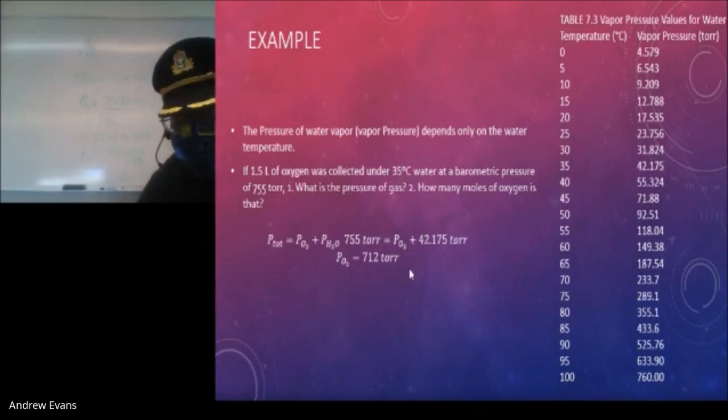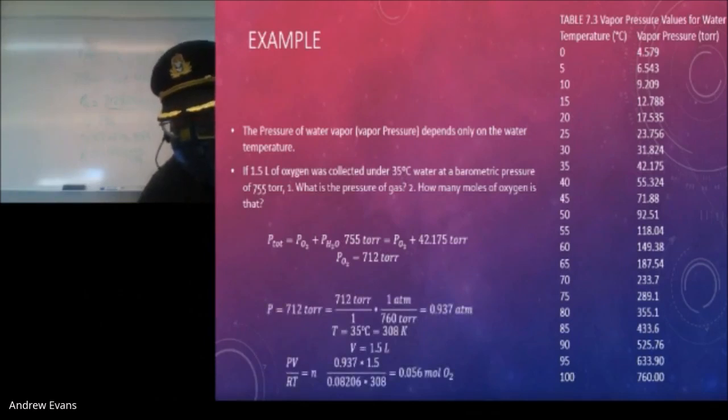And then using Dalton's, you find out there's 712 torr out of 755, figure out that fraction, then multiply the total moles by that fraction to give you the actual moles. But we'll get the same answer either way.